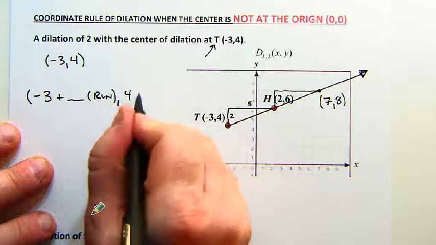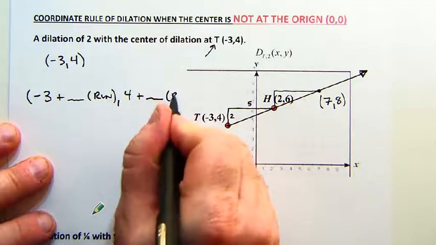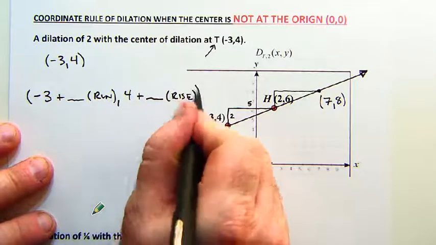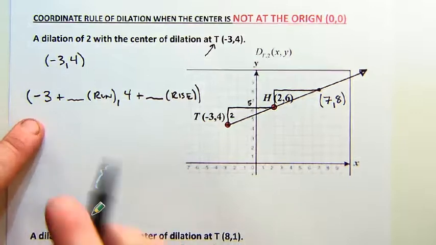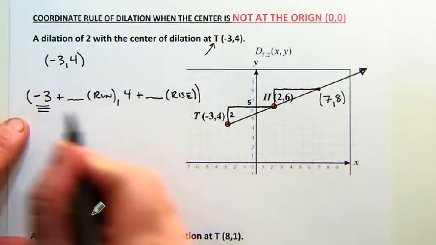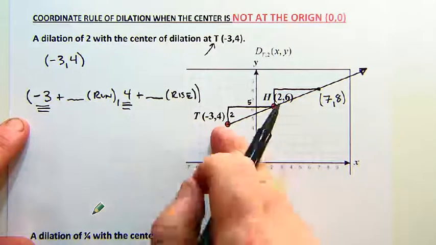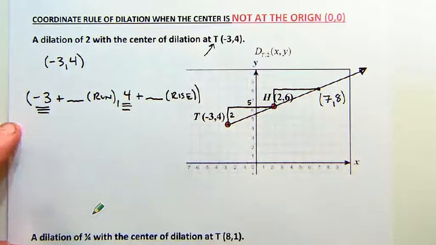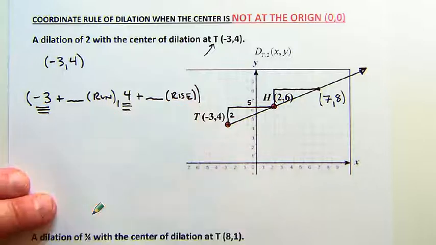Alright, here's how I would like to try and explain this to you. Here is where my starting spot is, my center of dilation. And I know that dilation is really about slope.